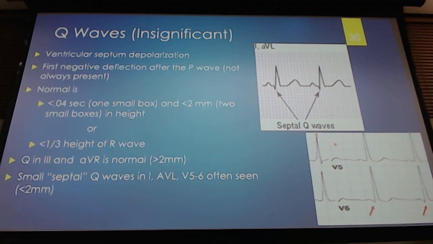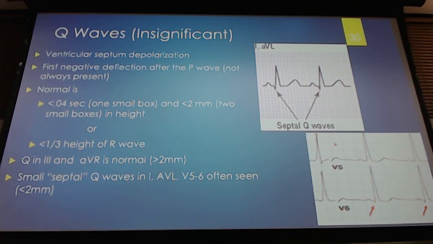A normal Q wave is typically less than 0.04 seconds, so one small box, and less than 2 millimeters in height, or two small boxes. So the width should not be wider than one small box, and it should not be deeper than two small boxes. Or, a rule of thumb, it should be less than 1/3 of the height of the R wave.